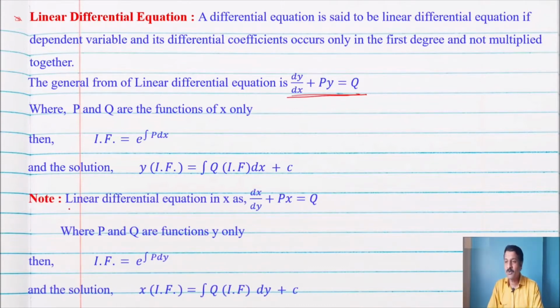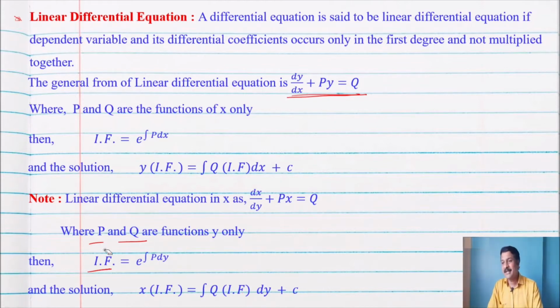But if we want to write the linear differential equation in x, then how to write? Then dx by dy plus p into x equal to q, where p and q are the functions of y only. In this case, again the same, you find the integrating factor e raised to integration of p dy, then directly the solution is x into I.F. equal to integration of q into I.F. dy plus integration constant c.